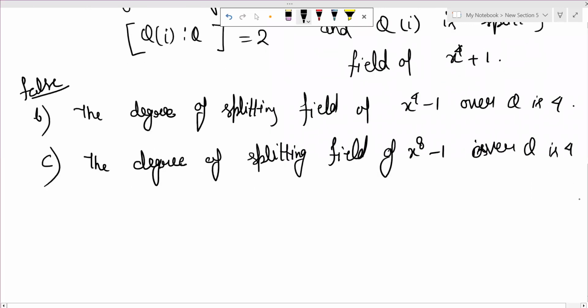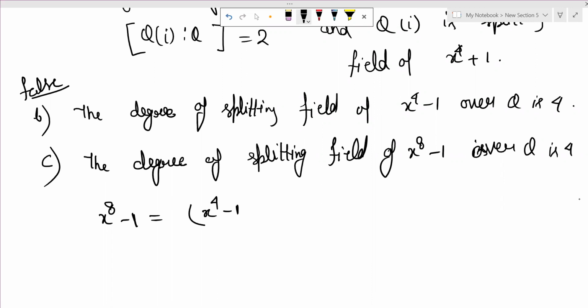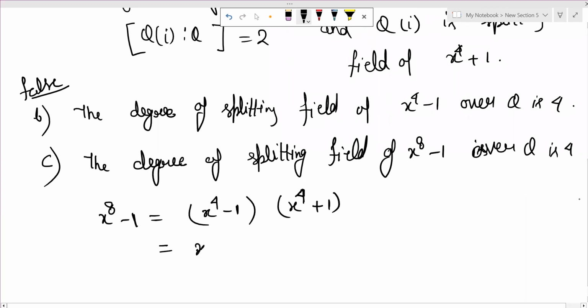So see how you can write this: x to the power 8 minus 1 is x to the power 4 minus 1 times x to the power 4 plus 1, right? Now this x to the power 4 minus 1 you can further reduce: x square minus 1, x square plus 1, x to the power 4 plus 1.